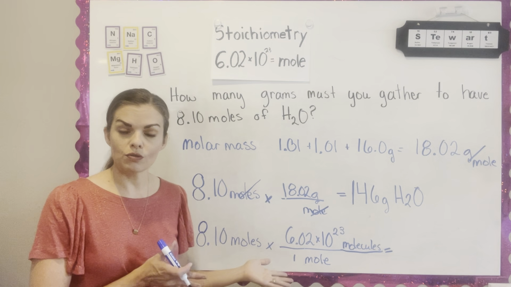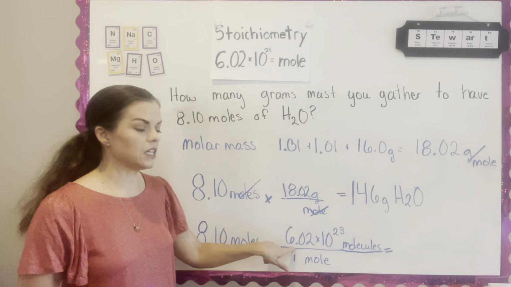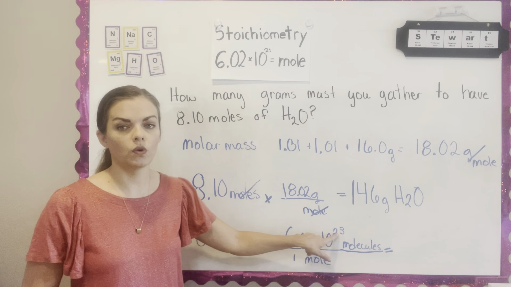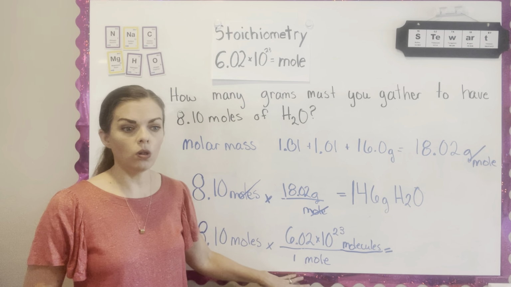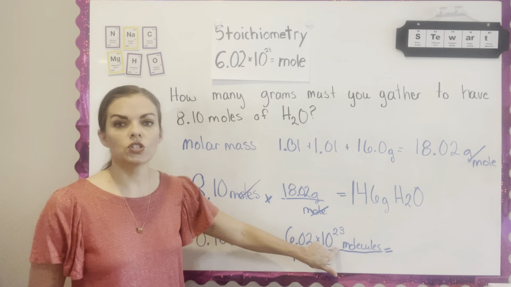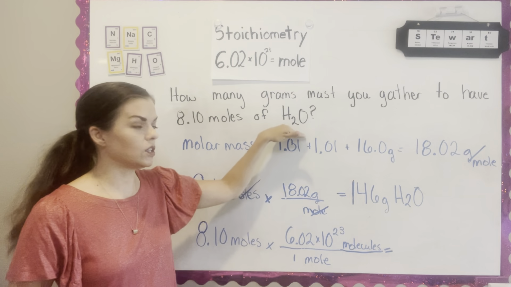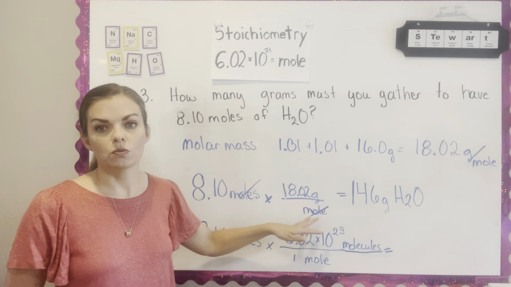It's called Avogadro's number after the scientist who developed it. Now, there can be 6.02 times 10 to the 23rd molecules in a mole, or it also could be atoms in a mole. That unit can change between molecules and atoms. But since water is a molecule, not an atom, I'm going to use molecules.